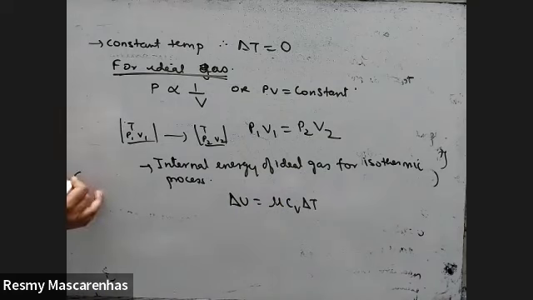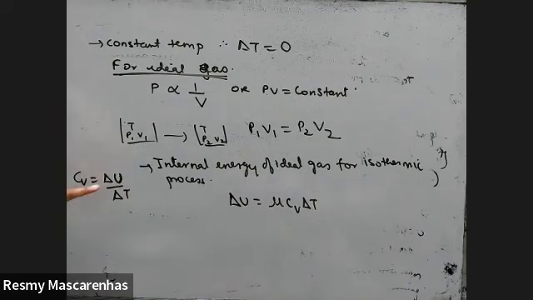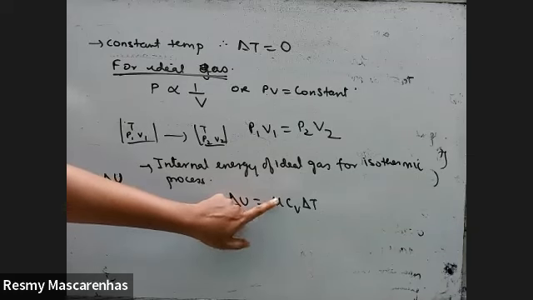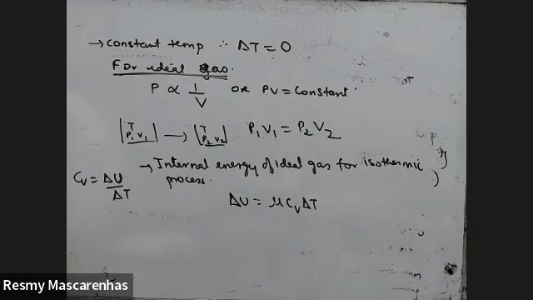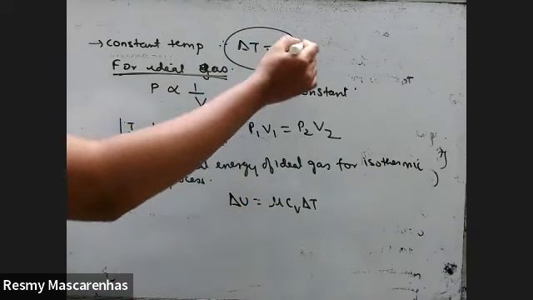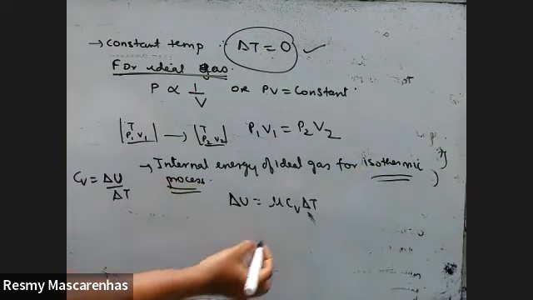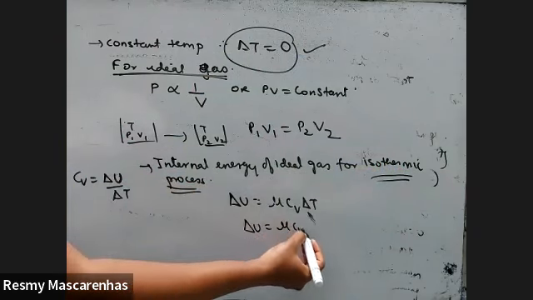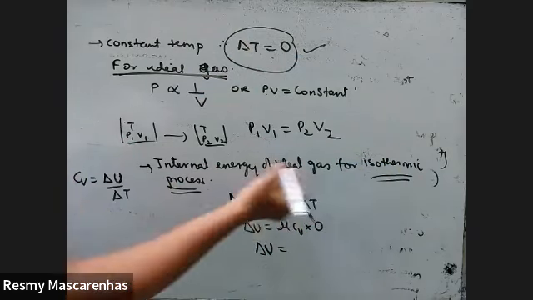We had already proved this, in equation 1 or 2, under the relation between Cv and Cp, where Cv is delta U upon delta T, with 1 mole taken at constant volume. Even if you don't take this, it's fine. So what is going to happen? Delta T is 0 for an isothermal process. The internal energy of an ideal gas for an isothermal process is always 0.